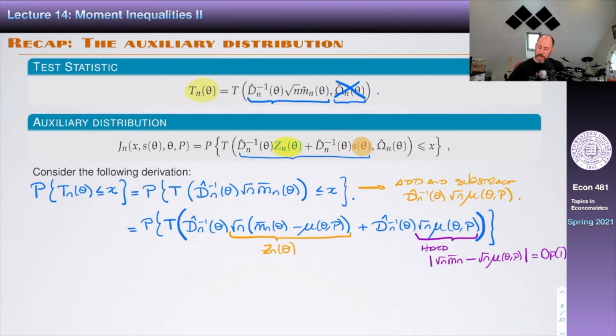So this distribution, okay, is greater than or equal to the probability, and I'm going to copy everything. Is greater than or equal to the probability of the same thing, I'm going to copy pretty much the same. Actually, sorry. Let me just use Cn(theta).